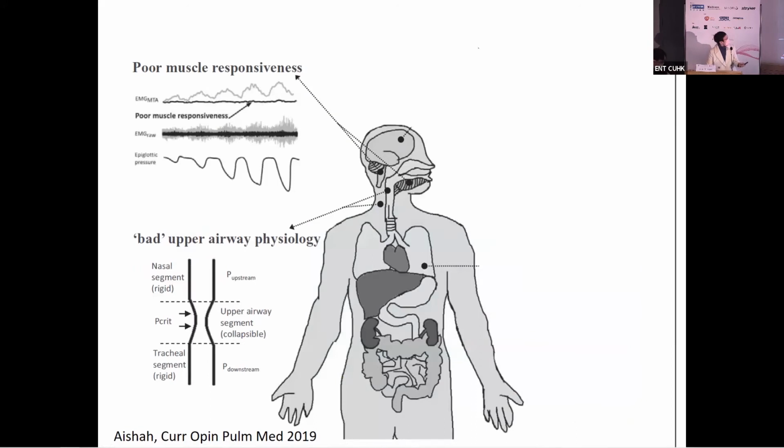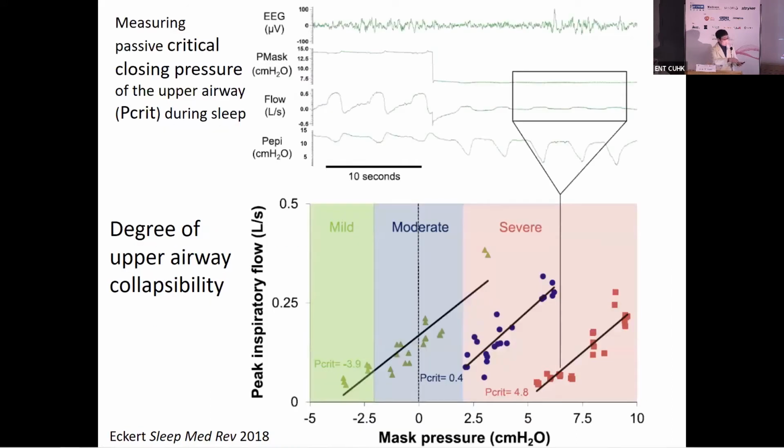Okay, so a patient who's on therapeutic CPAP, okay? And then what you do is that you just drop the CPAP pressure for 5 breaths, and you measure when the flow reaches 0.